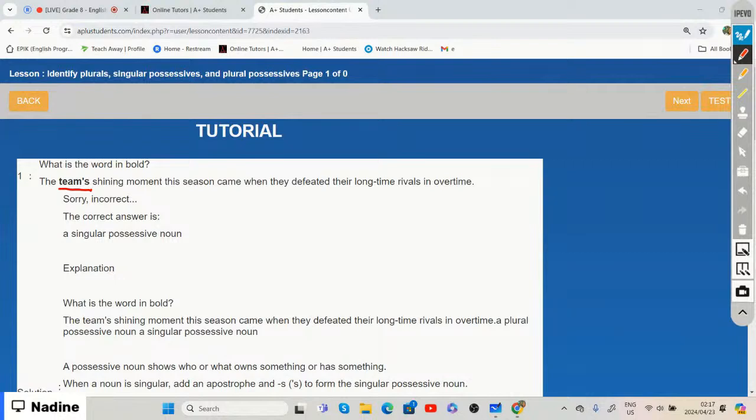Is that a singular possessive noun or is that a plural possessive noun? The team's shining moment, the season. Is that a singular possessive noun or a plural possessive noun?